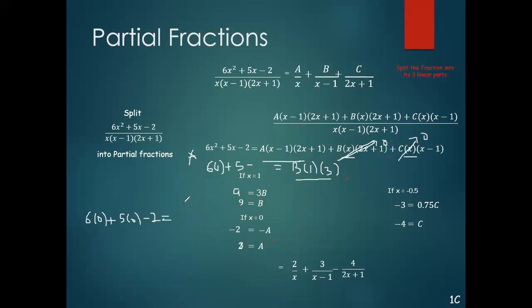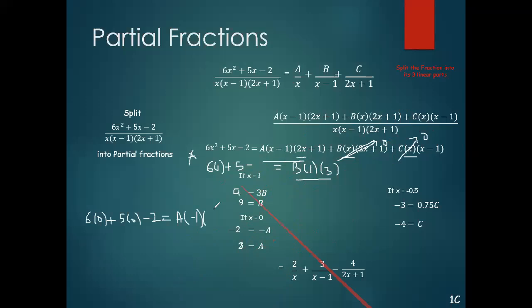So this will now be a into bracket, what? 0 minus 1 will be -1, times 0 will be 0 here, plus 1 will be 1.